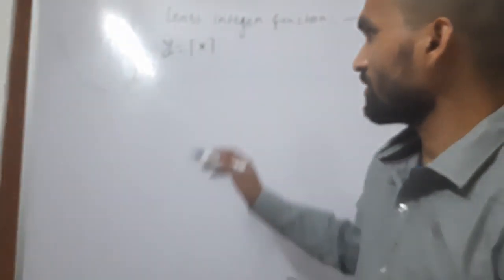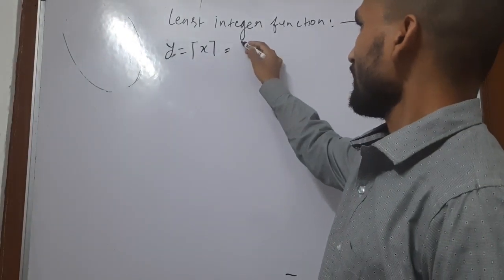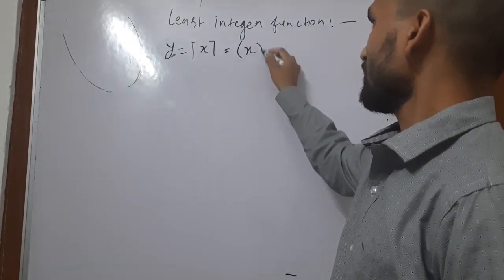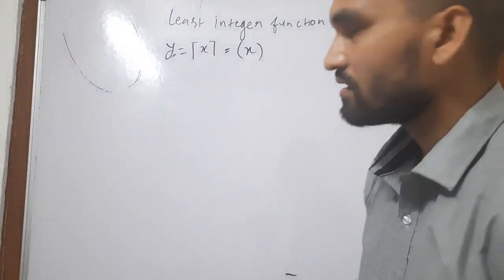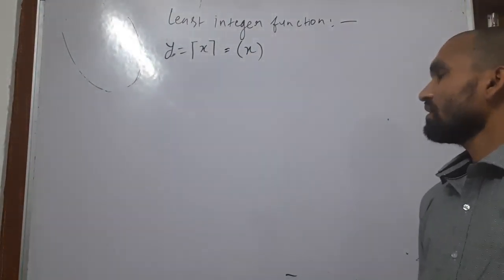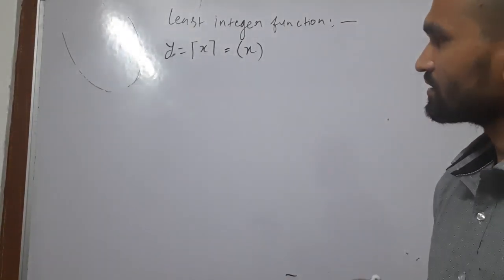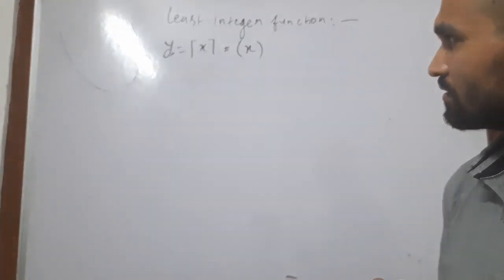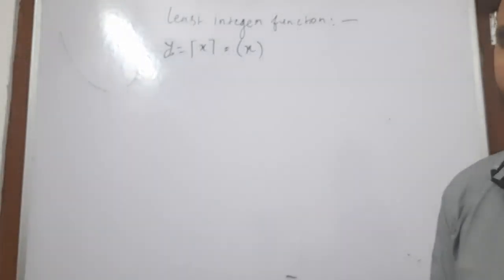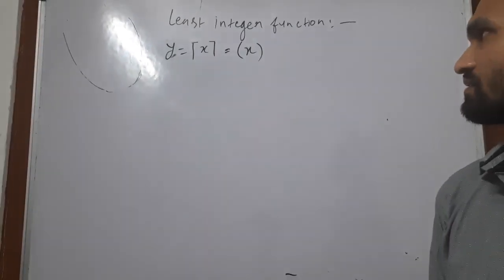It is also denoted by x under the small bracket. It is also a symbol of the least integer function. Now let us make the graph of the least integer function.